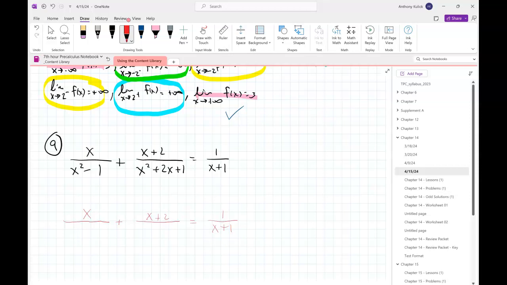Does it help if I point out to you that 1 squared is 1? Well, that's a difference of 2 squares then, right? So it should be x plus 1, x minus 1.